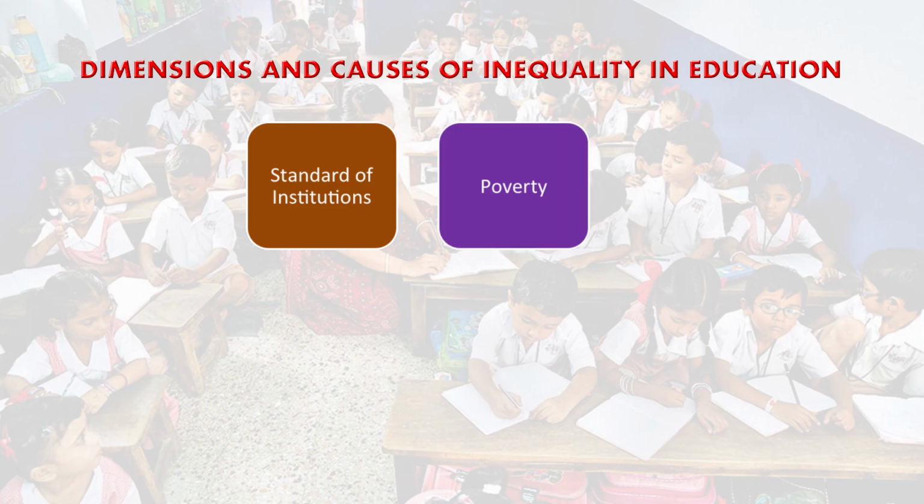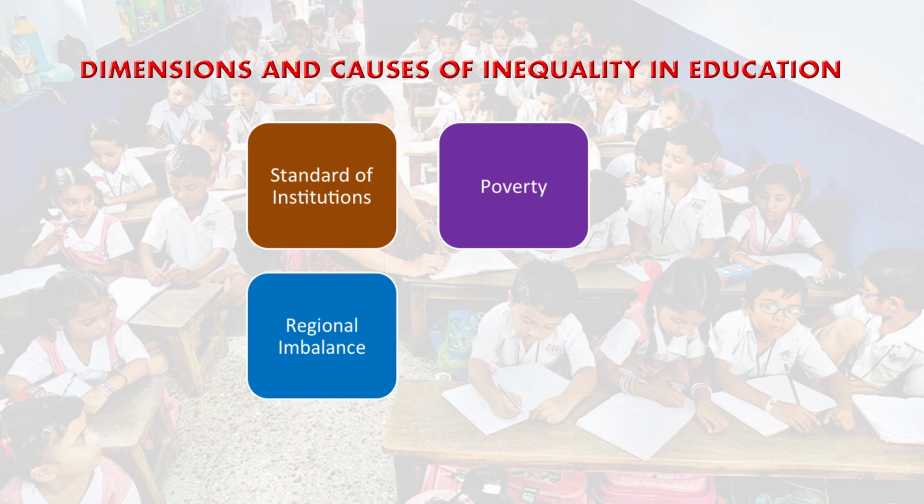Then further, poverty of the community, poverty of the parents is also another important aspect. Because of their low profile so far as socioeconomic background is concerned, because of their poverty, they are unable to provide proper educational guidance, proper educational facilities, proper educational resources to their children. So, there creates a type of inequality in education.